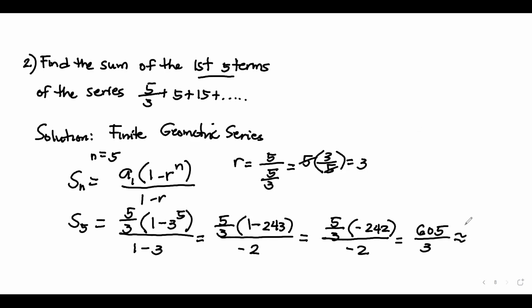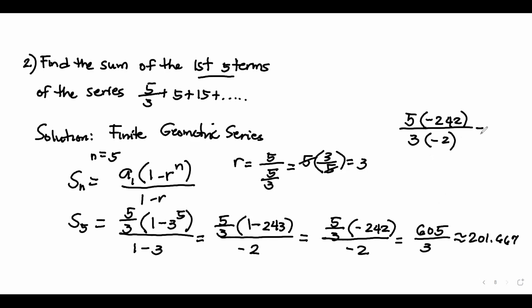Of course, if you want the approximate value of 605 divided by 3, it's 201.667. So how did we get 605 over 3? We can do 5 multiplied by -242 over -3 times -2. So we will have negative divided by negative, so our answer should be positive.